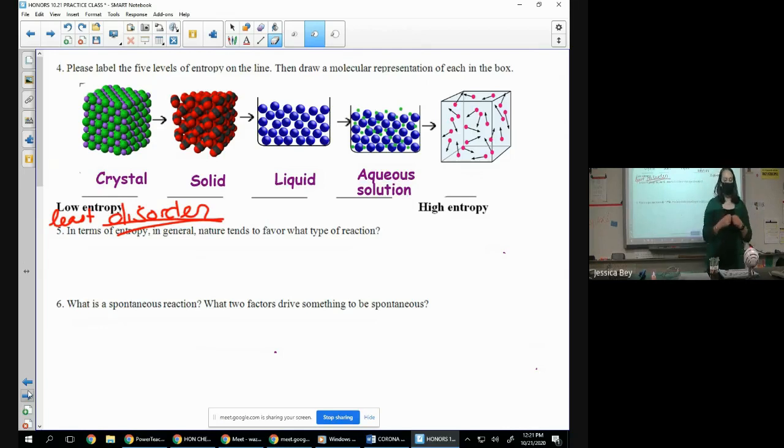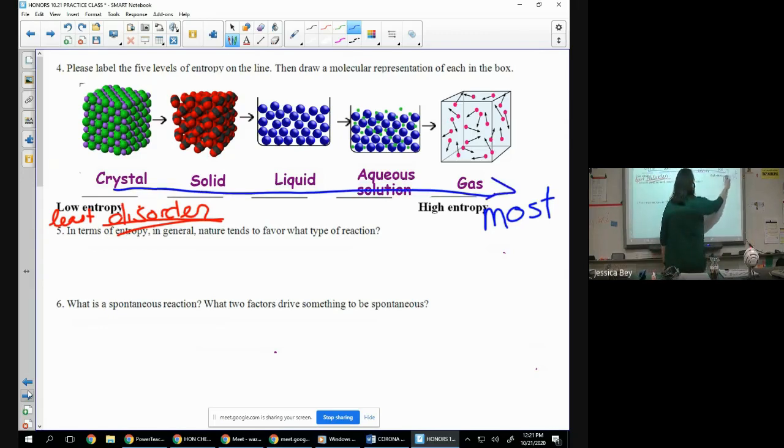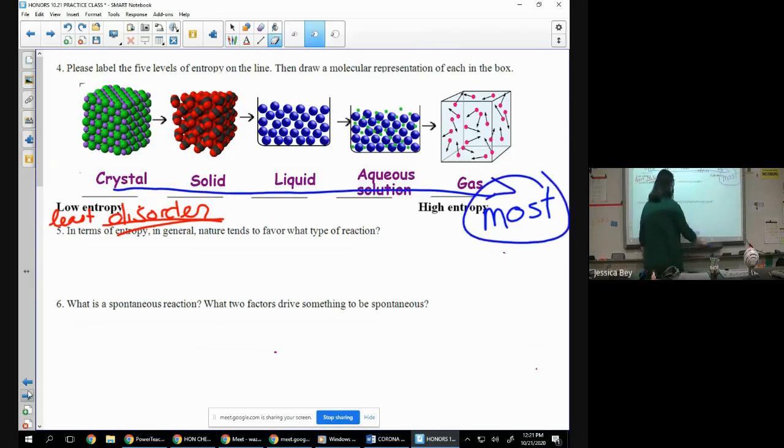The most chaotic thing, the highest disorder we have, Savannah, tell me, what is the most disordered thing we have? That's a gas. Okay, so this is most. So, students, make sure that we know, if you move from left to right, you're getting more disordered. And if you go the other way, it's becoming less.